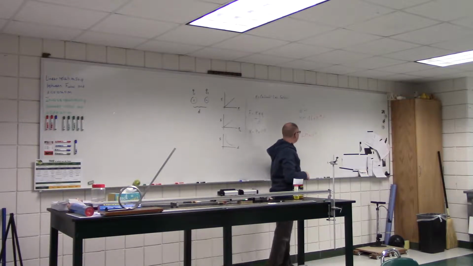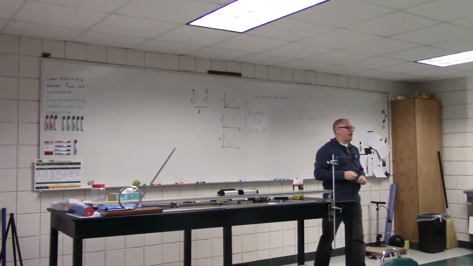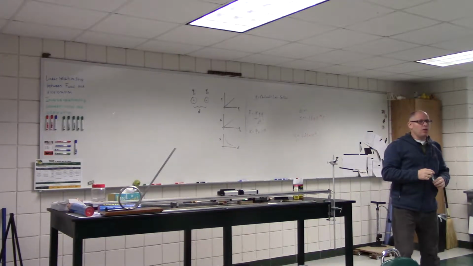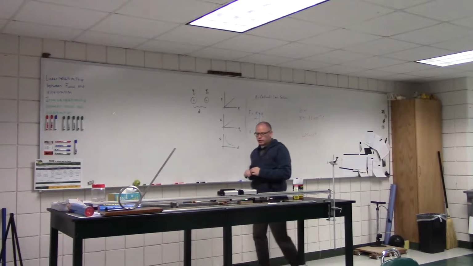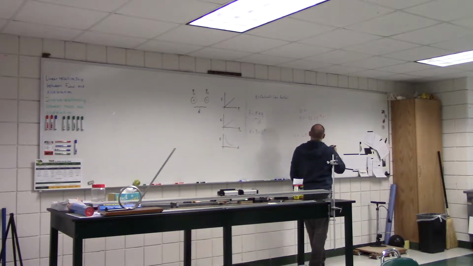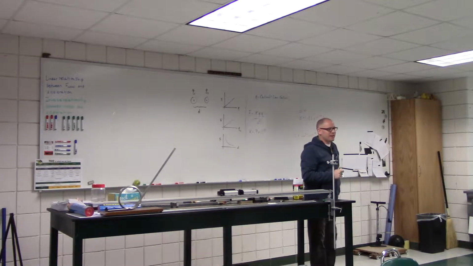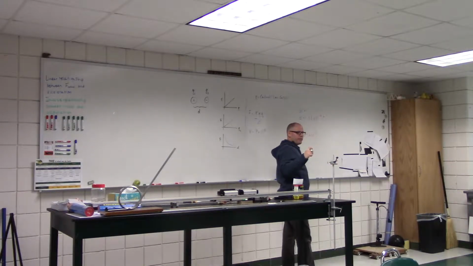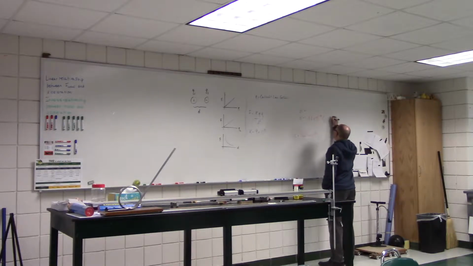What is the mass of a proton and the mass of an electron? These have different masses. Please check your Googlers now. In kilograms, please. Electron is 9.1 times 10 to the negative 31.